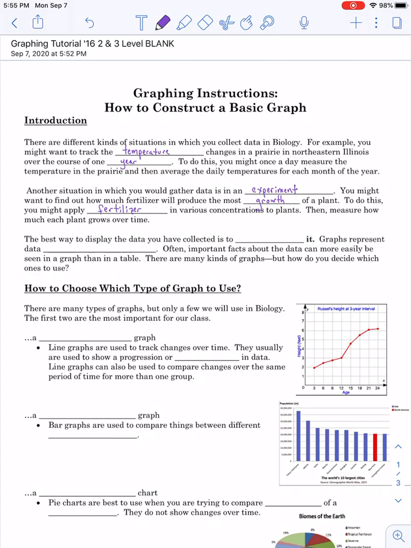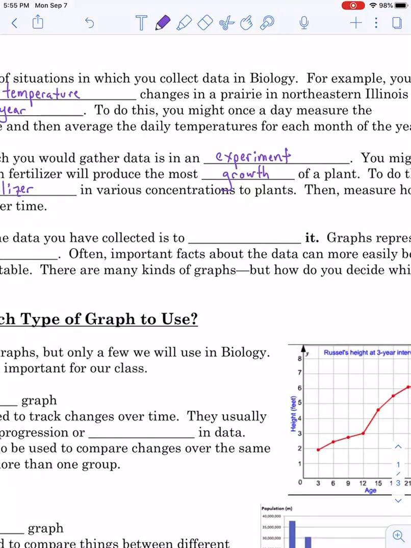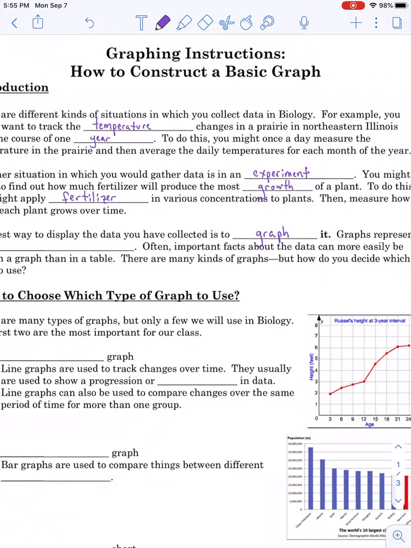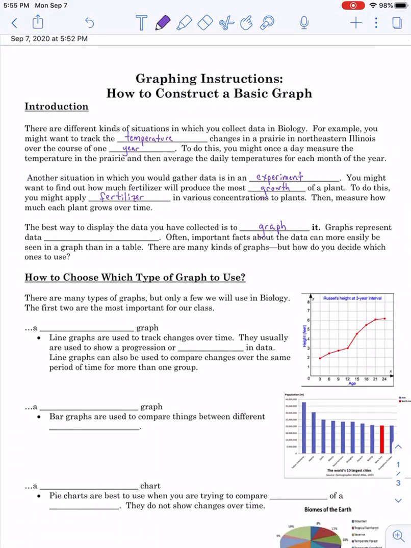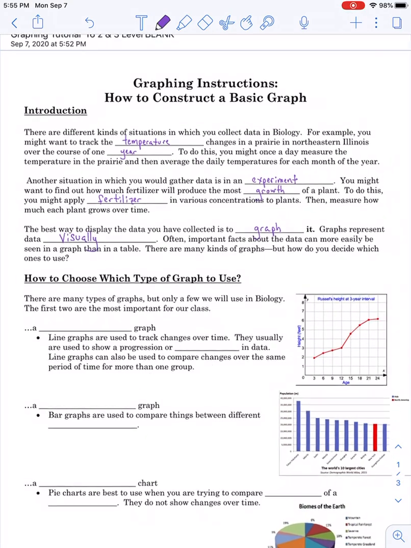Once you've been involved in some sort of data collection, what you might want to do next is graph it. Graphs represent data visually. They are often more easily seen and understood by the viewer than just presenting raw data.